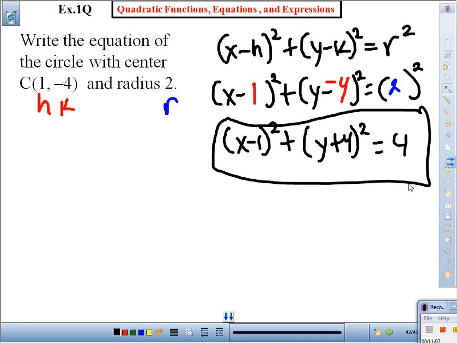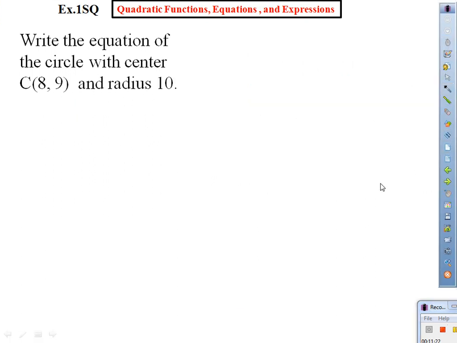Okay, look at this next one. Do not copy this one. Ready? Don't say a word. Keep it to yourself. Look at this one. Start filling in the equation in your head. Don't say it out loud.